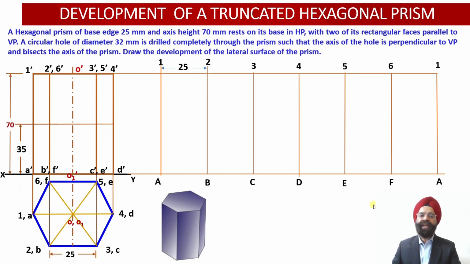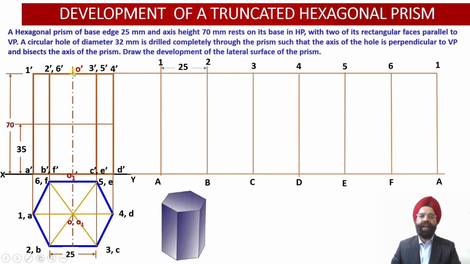Now we have been provided with the information that a circular hole of diameter 32 millimeter has been drilled completely through the prism in such a way that the axis of the hole is perpendicular to the vertical plane, and the axis of the circular hole is going to bisect the axis of the prism.